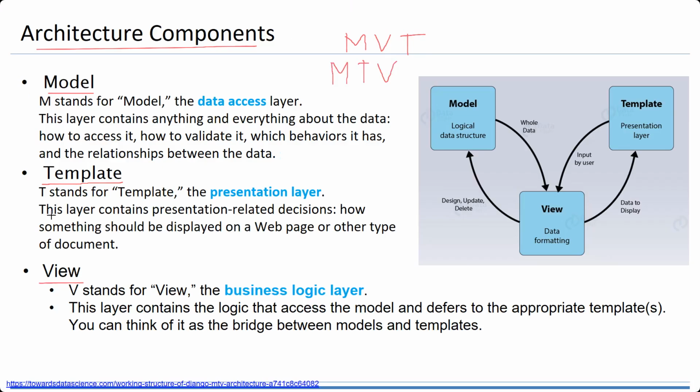So I'm going to explain the model first. The model, M, stands for the model, or we call it the data access layer. Whenever you build a web, you need to have data, and the data will be stored in the database. We call this the model.